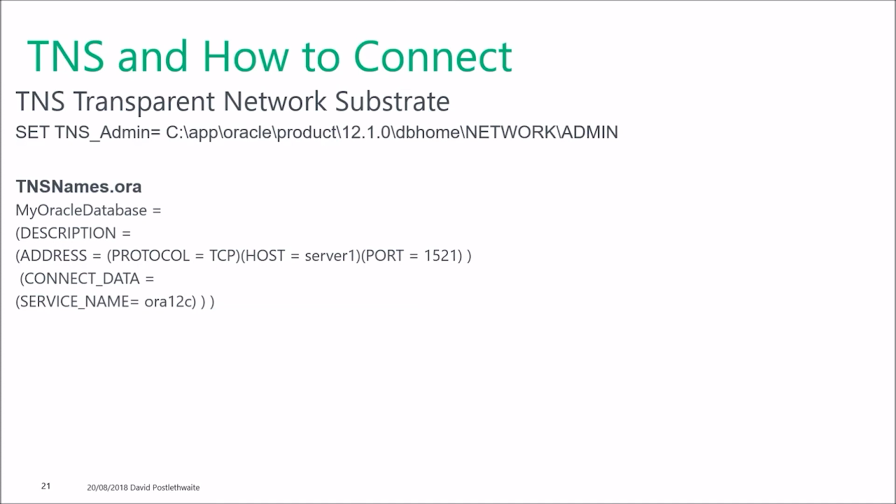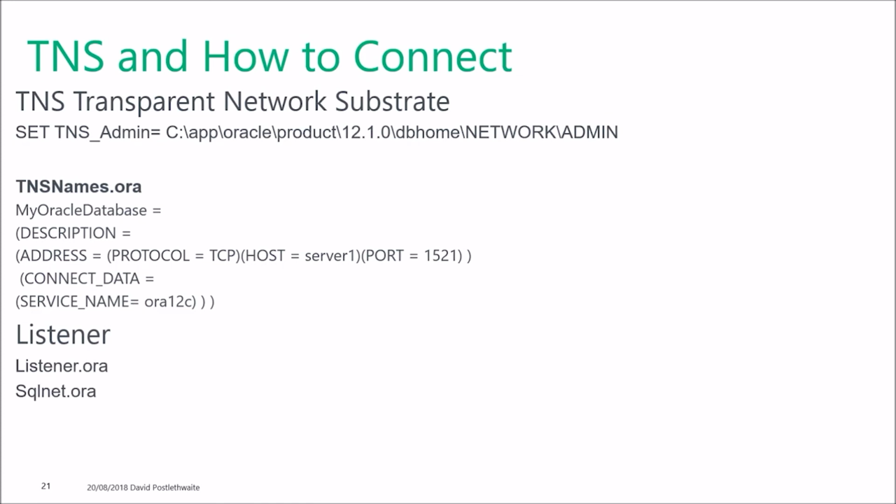Now, on the server where Oracle is running, there is a service called the listener service. And this must be running, and it listens for requests and directs them to the correct Oracle instance. The listener has a similar file to tnsnames.ora to know how to deal with incoming connections.